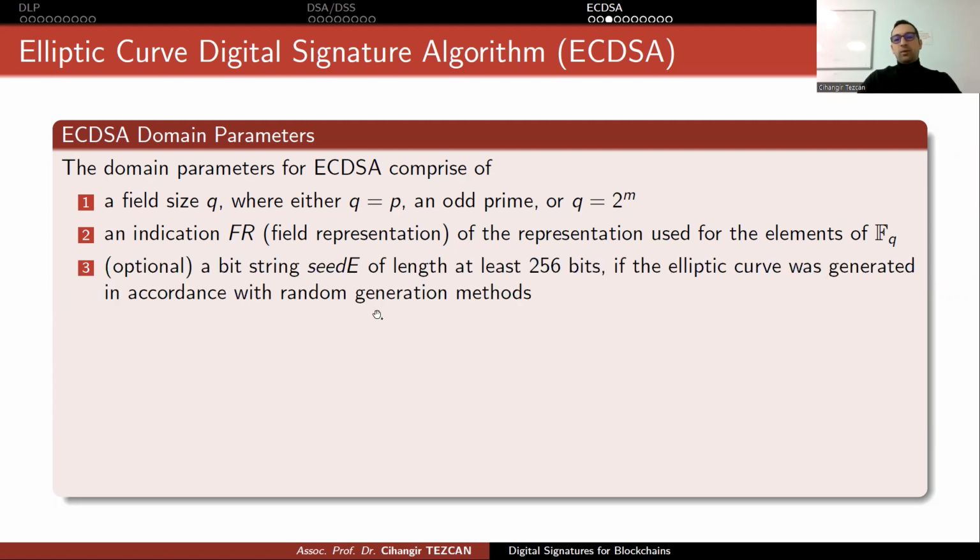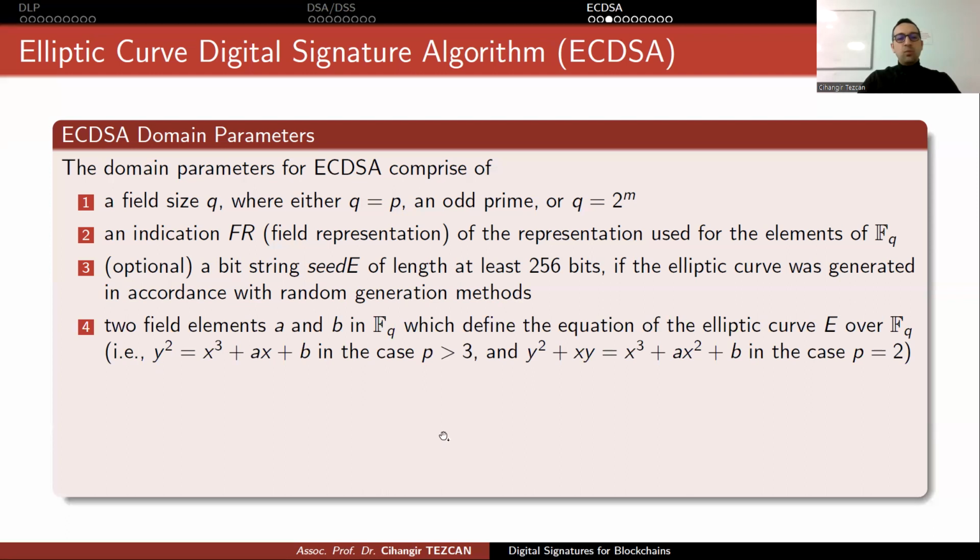Optionally, if you randomly generated this elliptic curve, you probably used a seed value, so you have to include it here. If it is not randomly generated, if you are taking the elliptic curve from a standard, you don't need to have the seed value. Then two field elements a and b in F_q define the equation of the elliptic curve E over F_q.